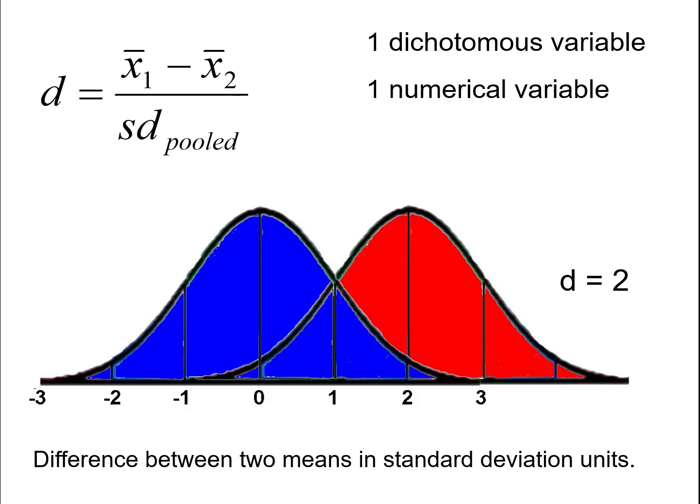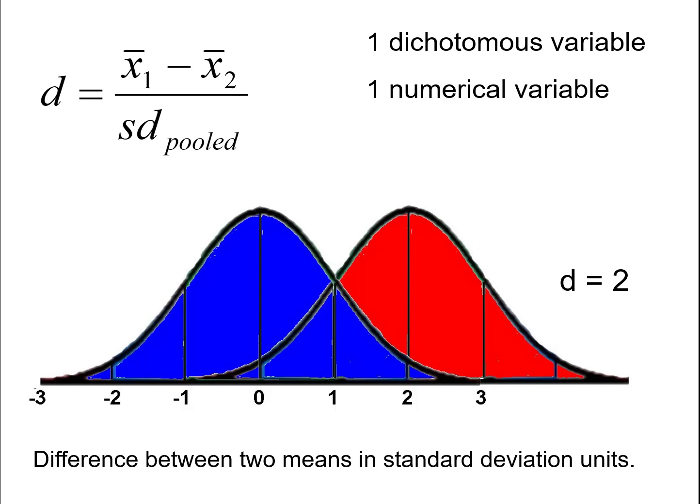Now, a d-statistic and a correlation are actually interchangeable with each other. There are formulas that you could use to transform a d into a correlation, and formulas you could use to transform a correlation into a d. So they're interchangeable, but there are certain situations where a d-statistic is the most sensible statistic to use for an effect size, and other situations where the correlation is the most sensible.